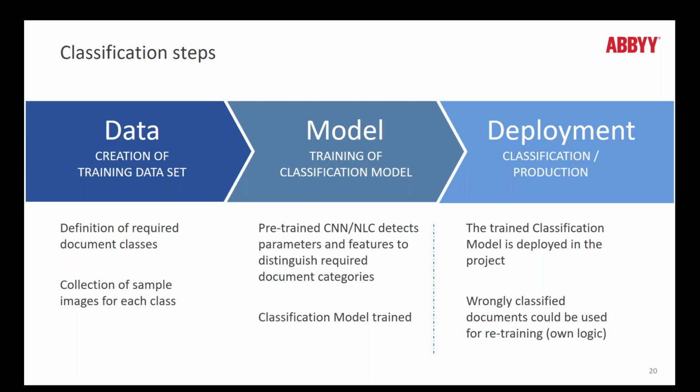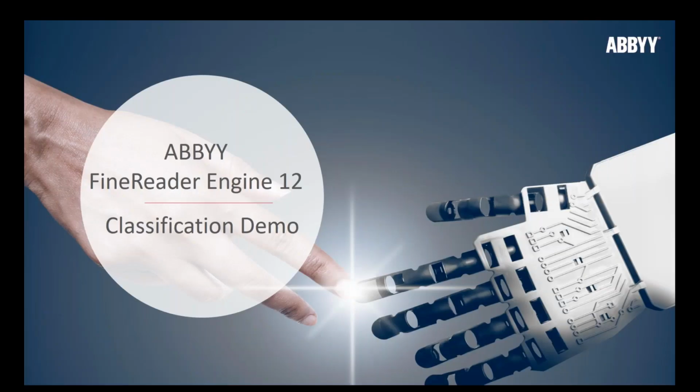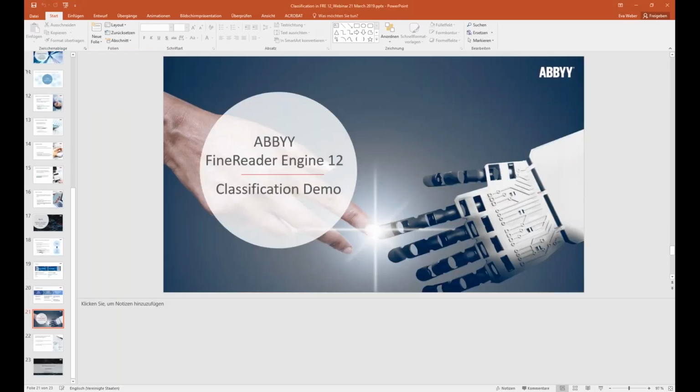The developer would have to implement this himself, but it is possible to retrain and improve the classification model continuously to improve the results. And this is definitely the end of my theoretical introduction, and I will now show you the classification in action. So I will close the presentation.